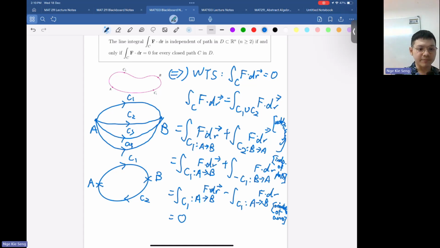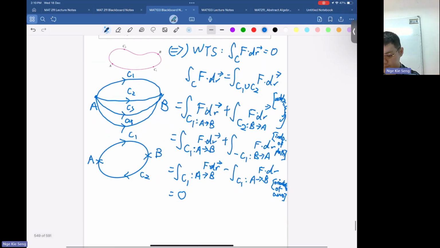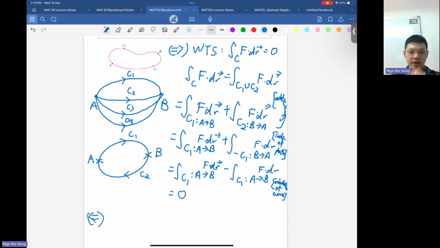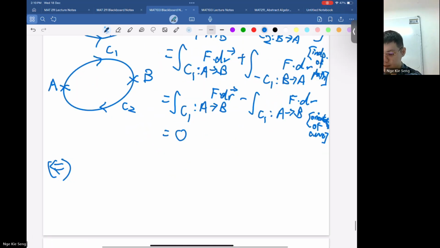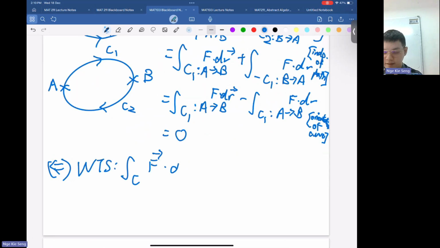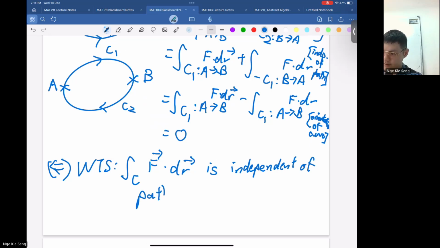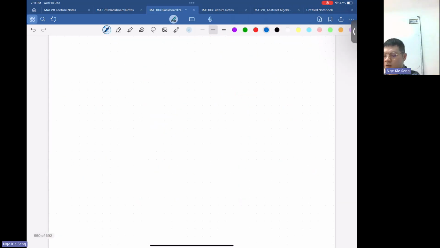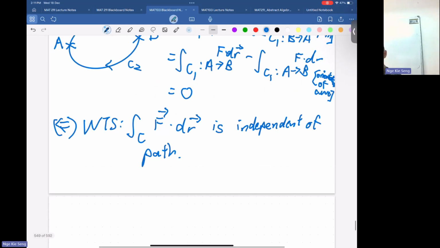How about the other direction? The other direction is also not too hard actually. The other direction is we want to show that the line integral of F over C is independent of path.